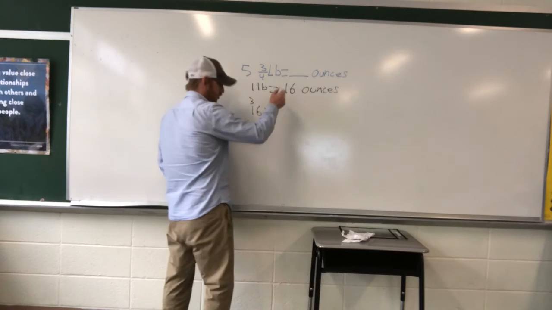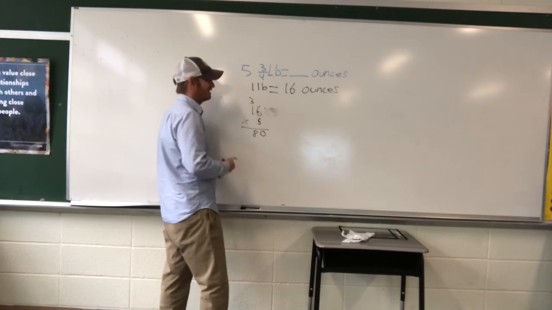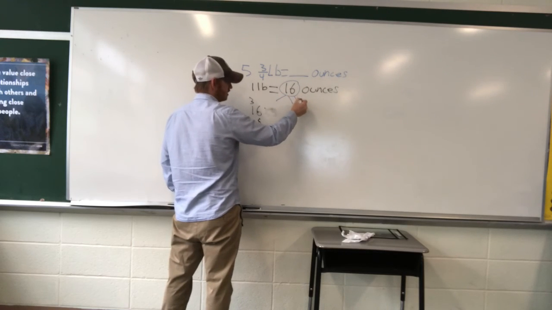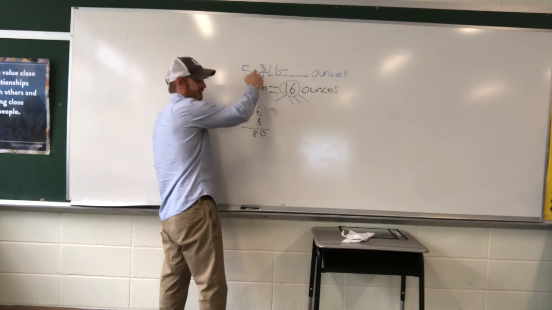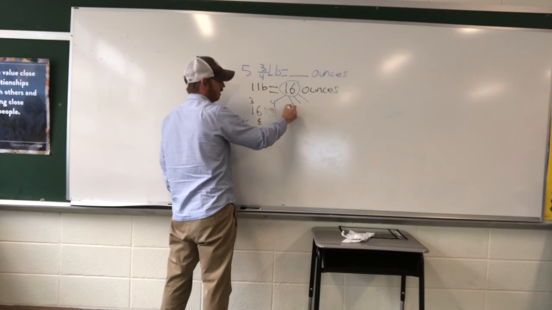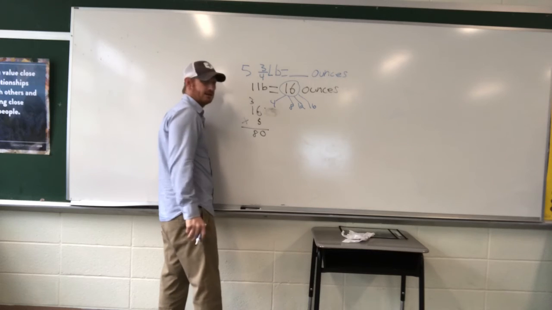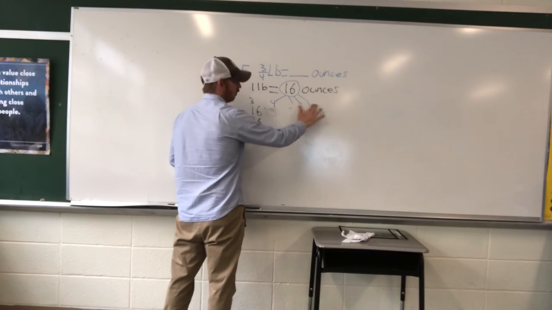Well, if I took my 16 ounces, I broke it off into 4 pieces, because that's what fourths means. 4, 8, 12, 16. Right? That's counting by fours.